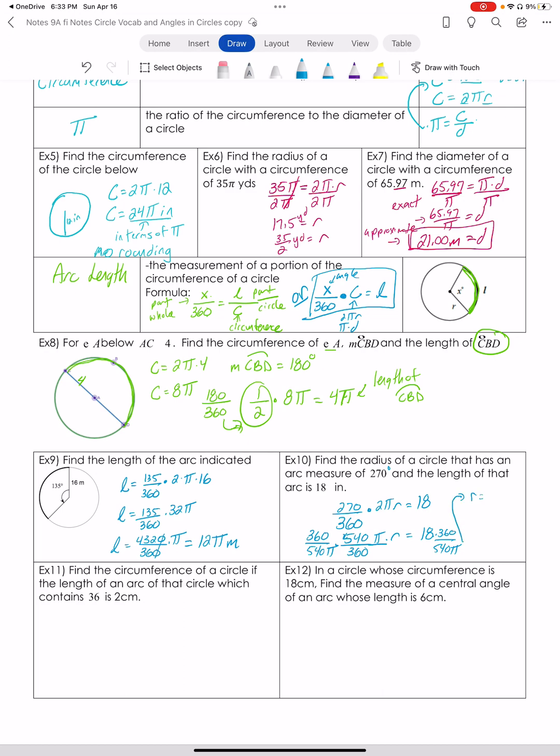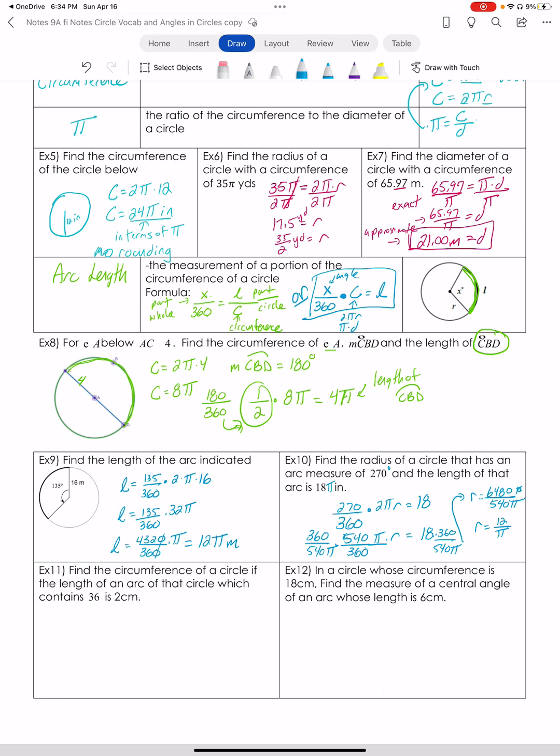So my radius is going to be 18 times 360 is 6480 over 540 pi, which when I divide it out, my radius is equal to 12 over pi. Wait, is this 18 pi inches?